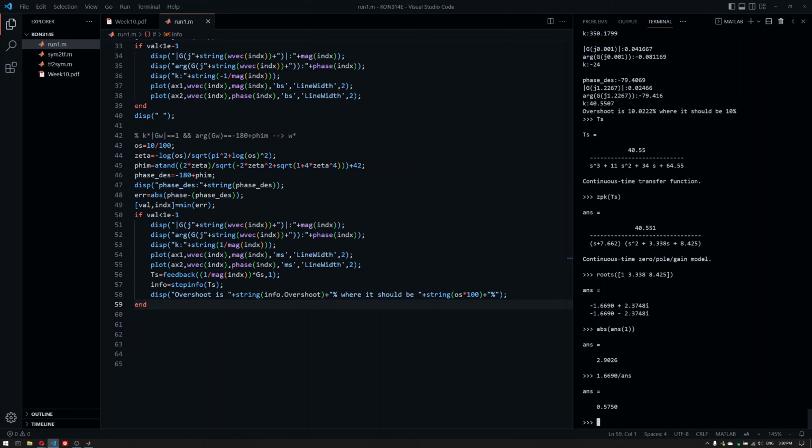You can see this is 1 point something, 1.5, 1.6, 1.67, so there's almost enough dominance factor here, and you can see that the zeta value is the dominant part here. But this is the third order system, and we kind of ended up in this here by tuning the phase margin.